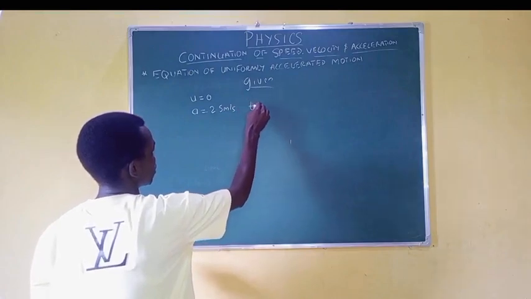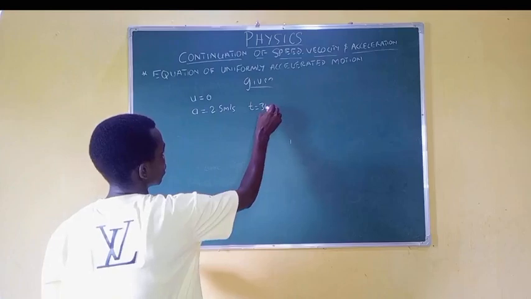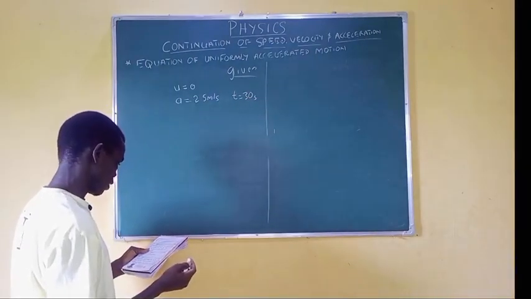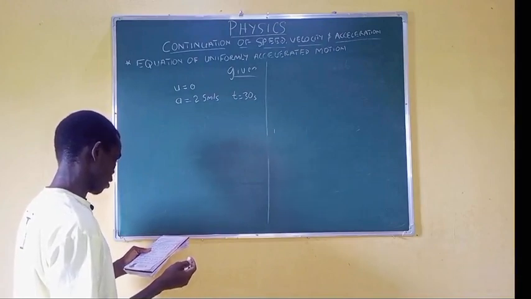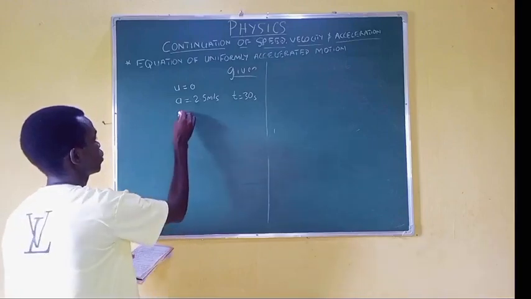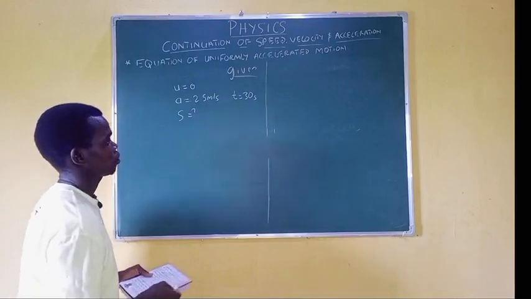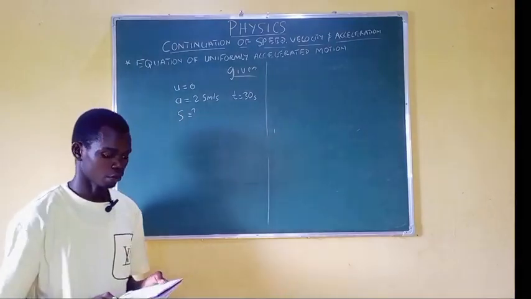Time is equal to 30 seconds. And we are asked to find the distance traveled before taking off, which is S. That is what we are looking for.